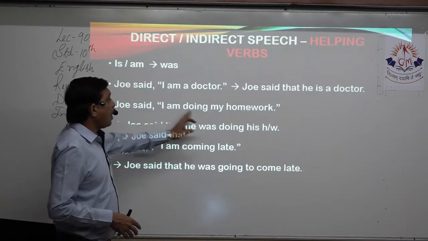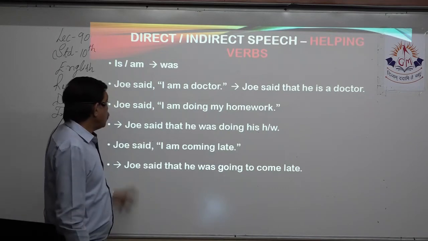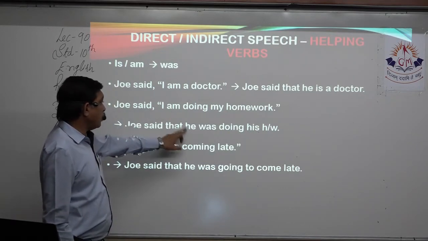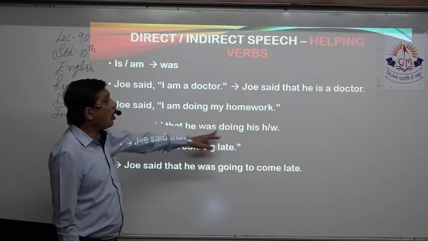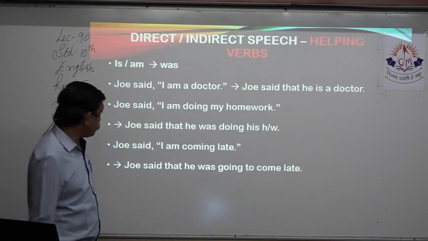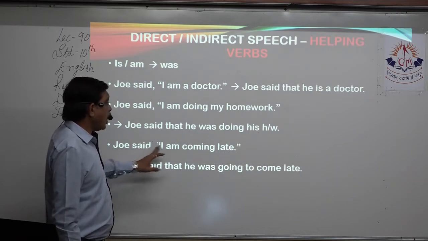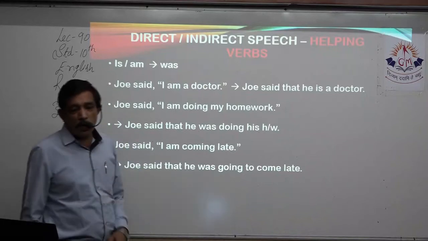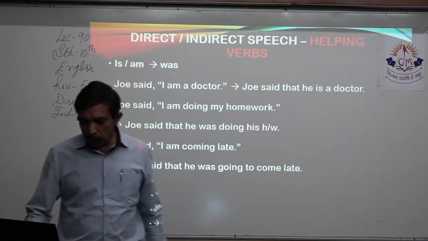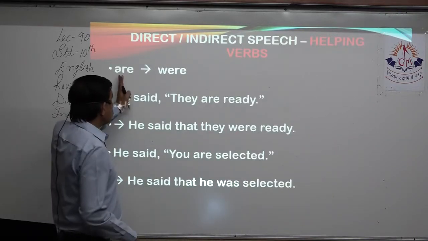Joe said, "I am doing my homework." Joe said that I becomes he, am becomes was over here. He was doing his homework. Joe said, "I am coming late." Joe said that he was going to come late. Are changes to were.